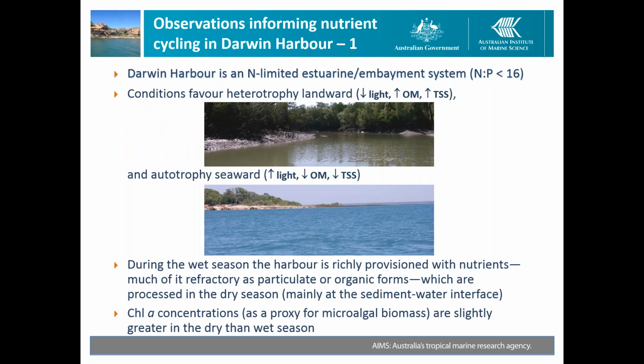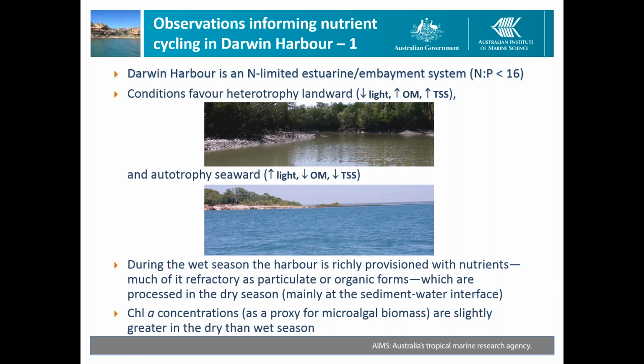The next couple of slides show how we've built up a picture of nutrient cycling in Darwin Harbour. This is a nitrogen limited system. This has been determined from both observed nutrient ratios and laboratory incubation experiments with nutrient spiking. Upstream is heterotrophic or detrital processing.